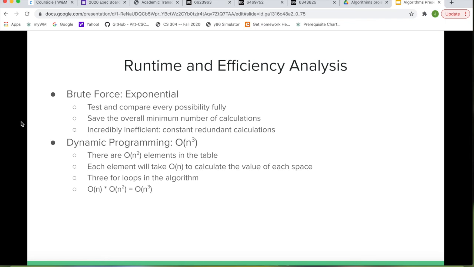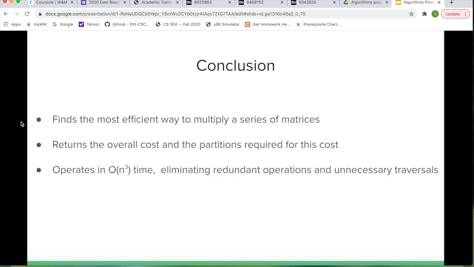Overall, this gives us 3 loops, 2 iterative loops and 1 calculative loop that ends up in a big O of n times big O of n squared, which gives us big O of n cubed as our overall runtime for matrix chain multiplication. Now, in conclusion, the matrix chain multiplication algorithm finds the most efficient way to multiply a series of matrices together.